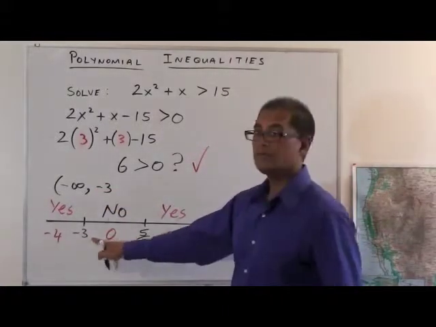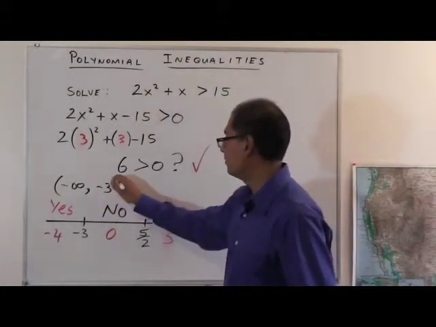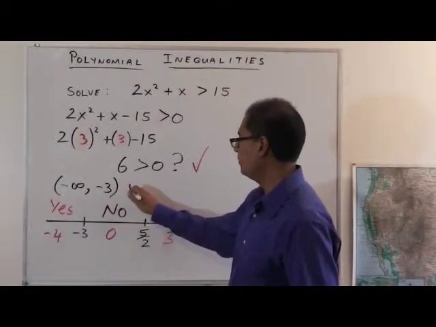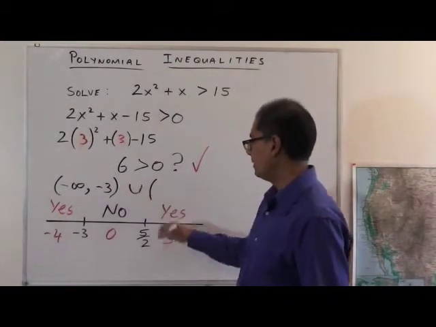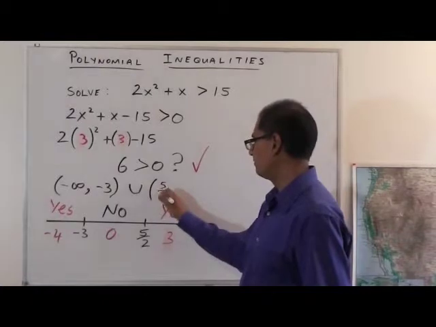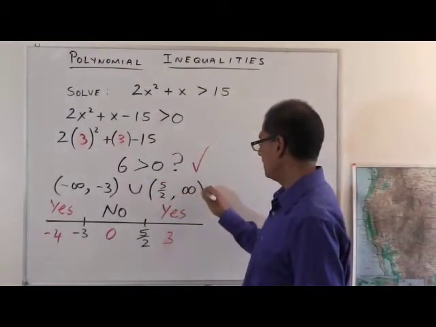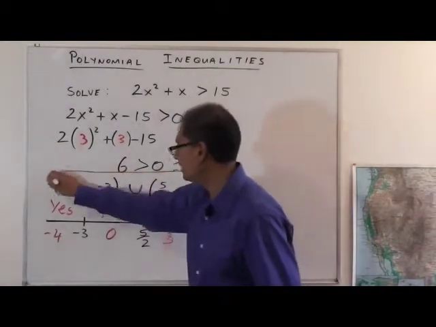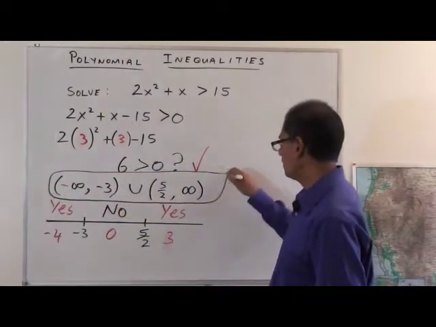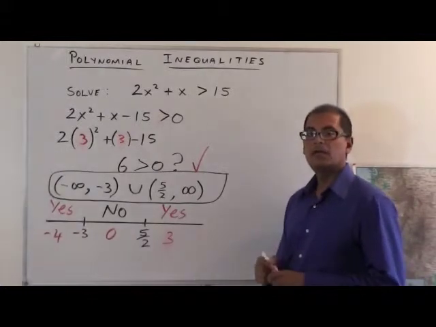Now we don't include negative 3 because this is a strict inequality. So we put a parenthesis there. And then we go union, or, and then we go from 5 halves to infinity. And so you'll find that this here is the solution to the polynomial inequality.